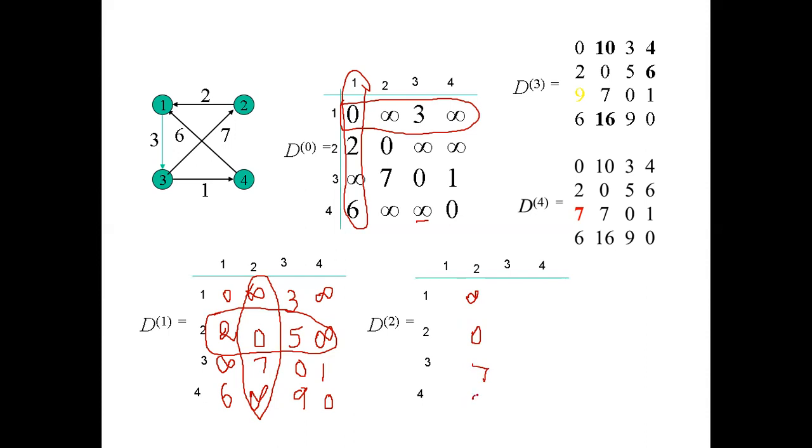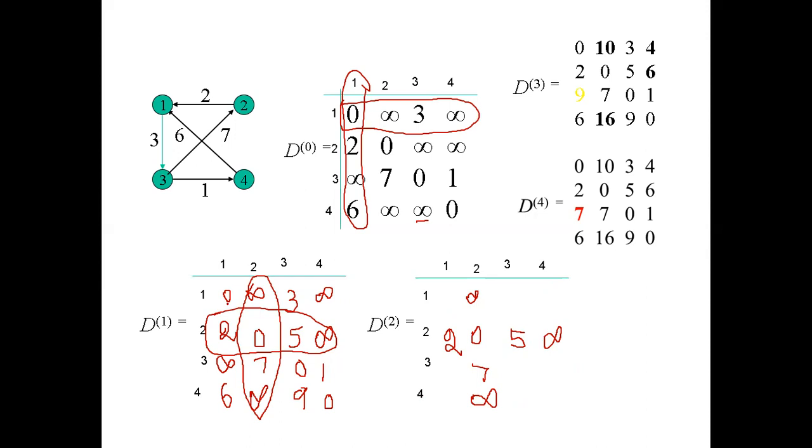7, and infinity. And the second row values: 2, 0, 5, and infinity. So these are the values we have written, and the remaining missing values must be calculated, similar to the previous case, using the formula.